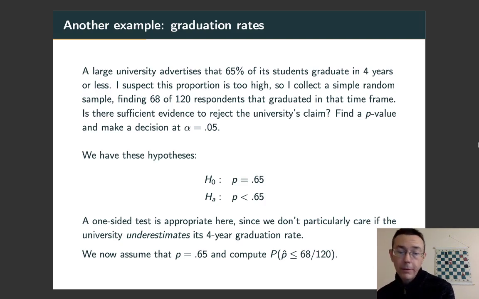The probability of getting a p hat less than or equal to 68 out of 120. I've written that probability statement like that because we have a one-sided hypothesis test here. We're specifically interested in the probability of getting a low p hat given the parameter p.